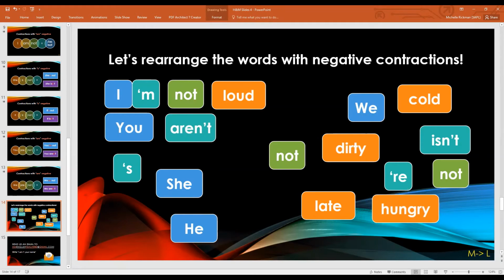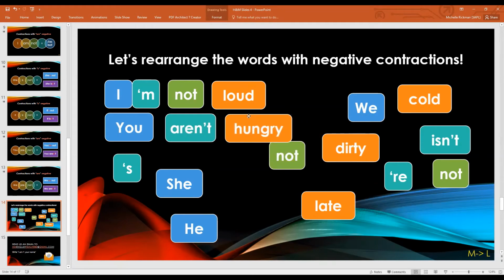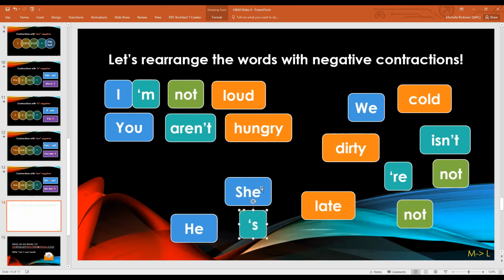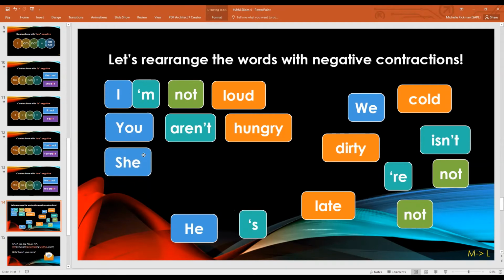Yeah. Which I don't know, you might be, but for this case, I am hungry, but you can say you aren't hungry. Okay. How about she? What would come after she for the verb? For she, it would be she's. So the apostrophe S. Okay. So we'll put an apostrophe on the pronoun and say she's.